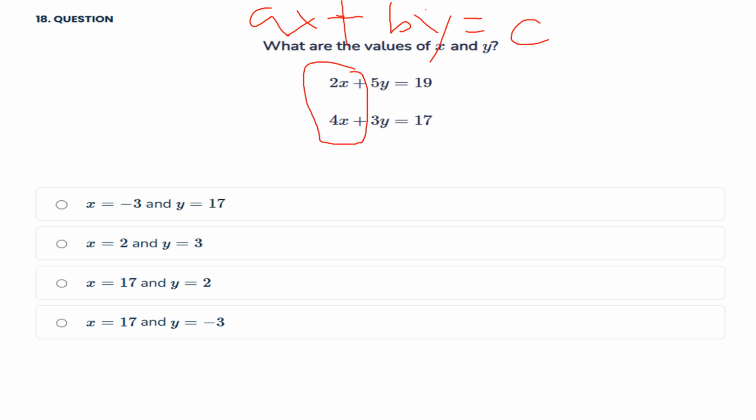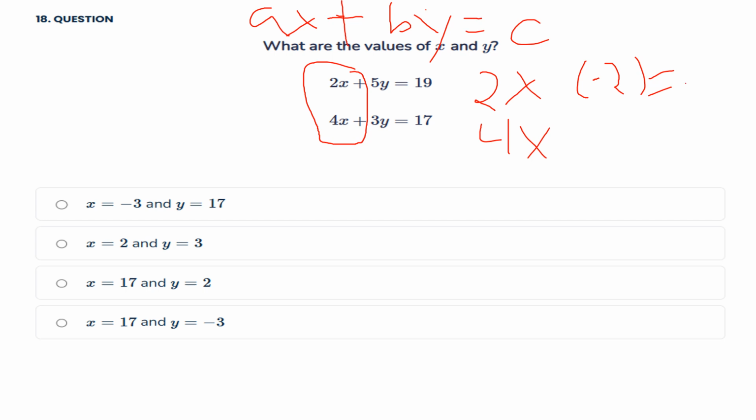And to cancel out the x value, because we have 2x and we have 4x, to make that 0, we can just use negative 2 for that top number to turn 2x into a negative 4x.